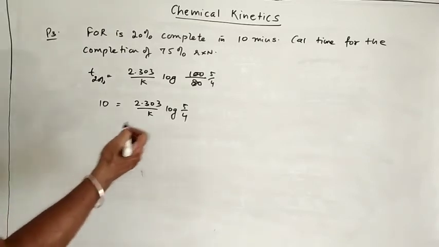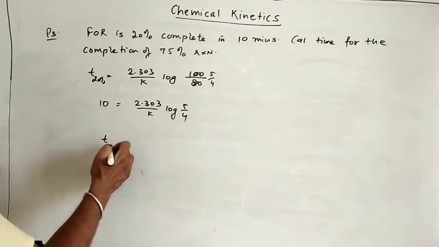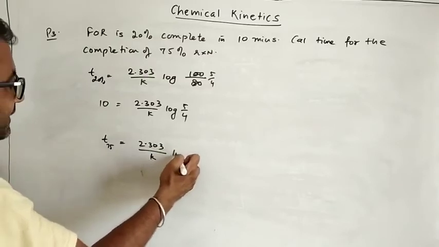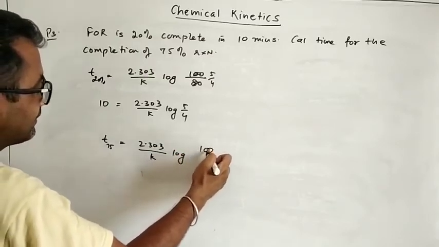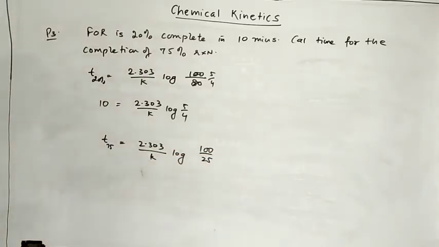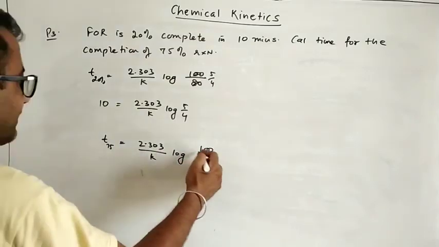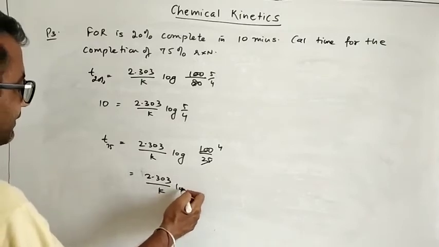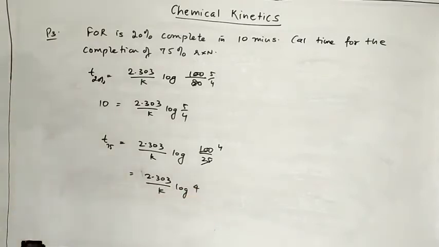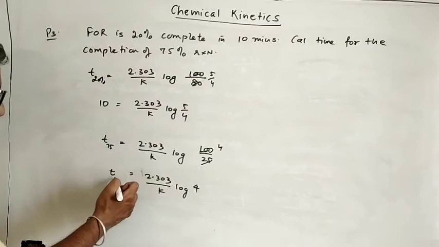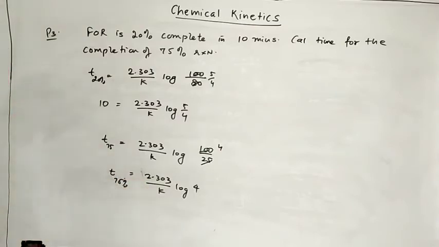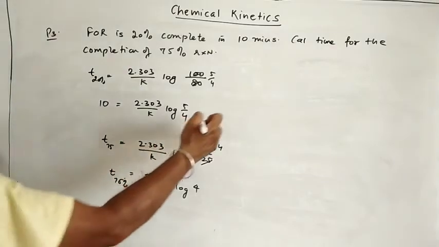Now write the equation for 75%. So T 75% is 2.303 by K log 100 by 25, which is 2.303 by K log 4. This is equation number 2, and the previous one is equation number 1.